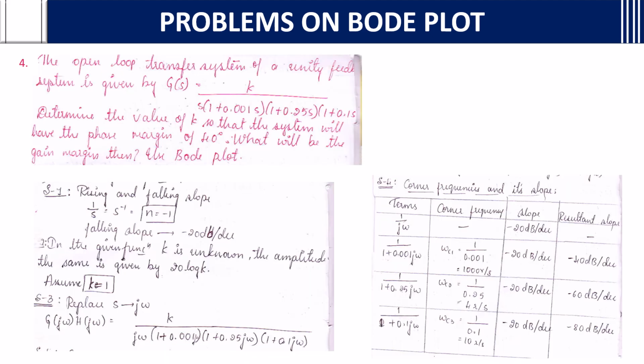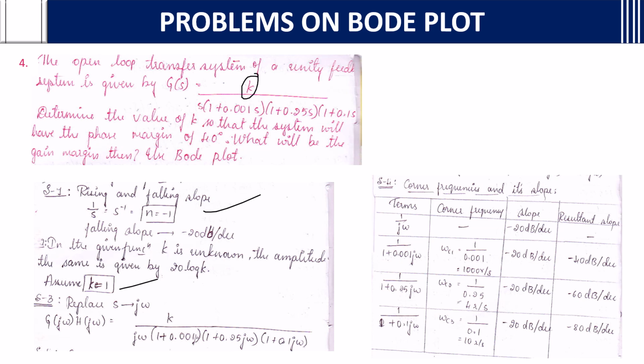Then in the same way, the fourth question is given like this. I'm giving you this as homework, so I'll just explain fast. You can do it by yourself. In the same way you'll find the rising or falling slope, and afterwards you'll find the K value.